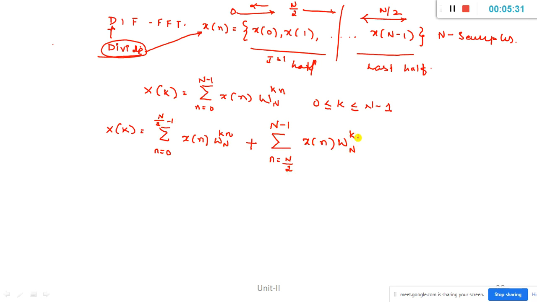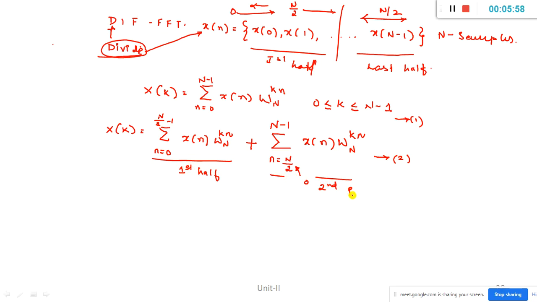All the time make sure that my summation should start with 0, right? So this is equation 1 and this is equation 2. Altering my equation 2, this is the first half and this is the second half.